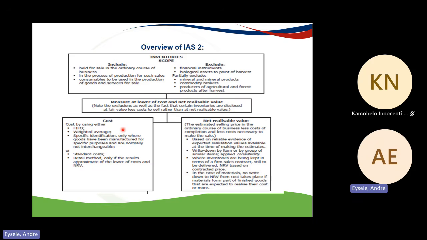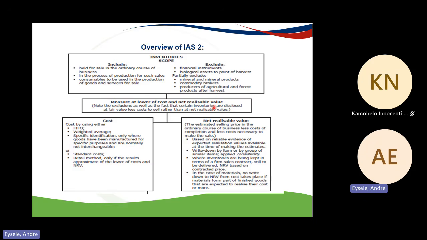Now, the cost is determined by using either the FIFO method, the weighted average method, the specific identification method, standard costs, or the retail method. These are the valuation techniques to value your inventory at the end of the reporting period.